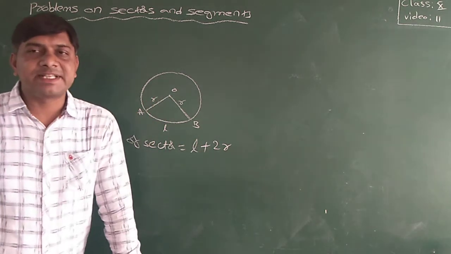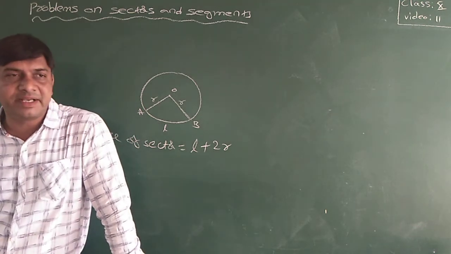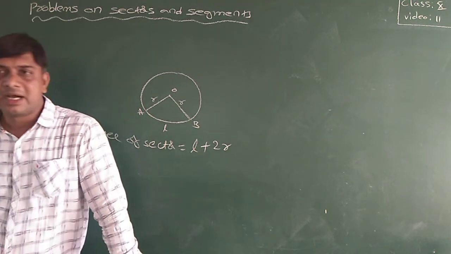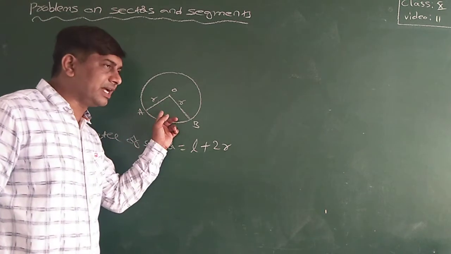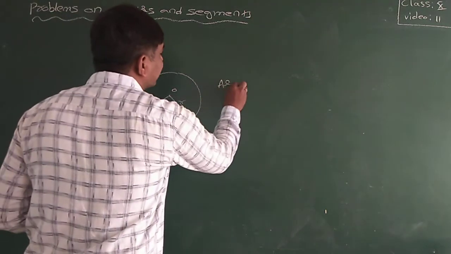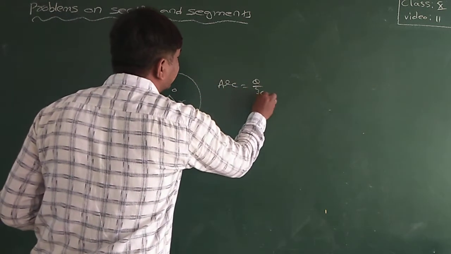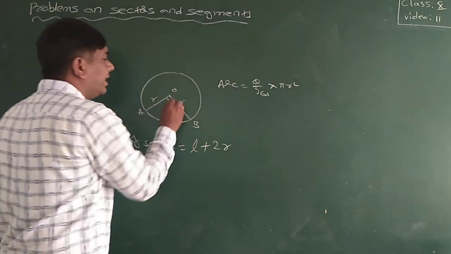Okay, the area of a sector is the region between two radii and an arc, a part of the circle. So this is a sector. Area of a sector is equal to theta by 360 degrees into pi r square. Okay.